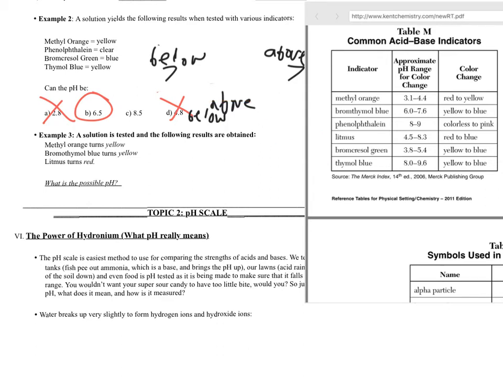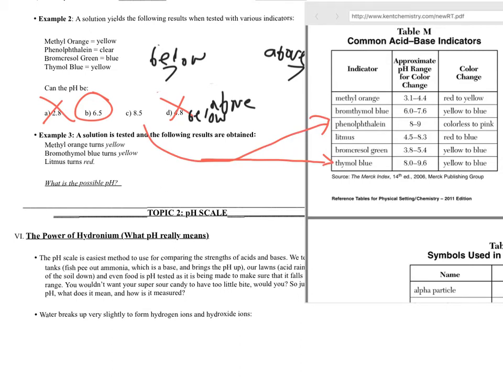And 8.5, let's see, if I take a quick scan. Alright, so there's a couple of them here. I'm taking a look at 8.5, and it's definitely not working. I'm looking at phenolphthalein, and I could also be looking at thymol blue.